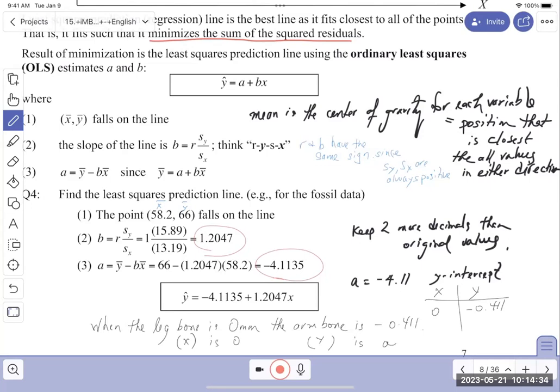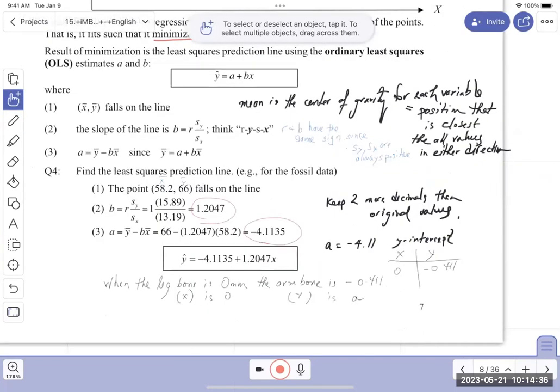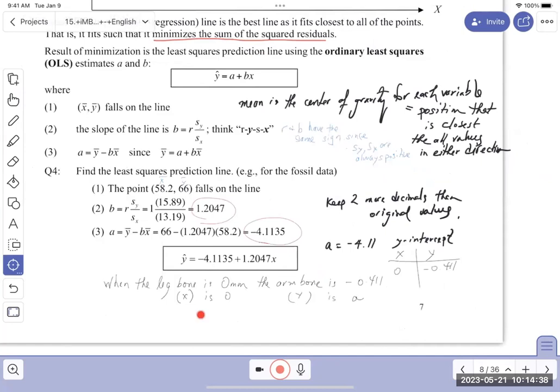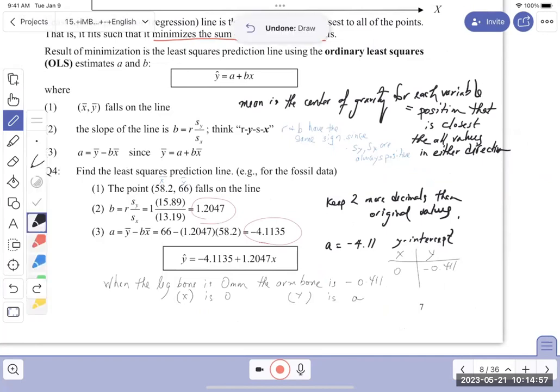So in general, this is what we do to interpret. We say when the x is 0, the y is a, right? Just for the equation. If I put a 0 in here, the y will be this. So that's the y-intercept, but we should never make that interpretation literally.